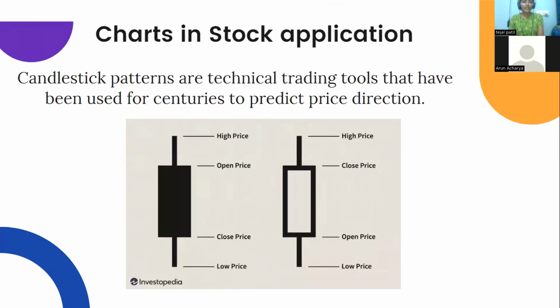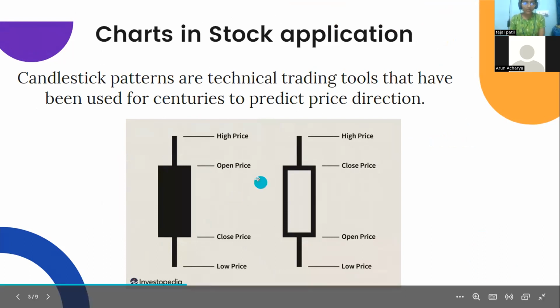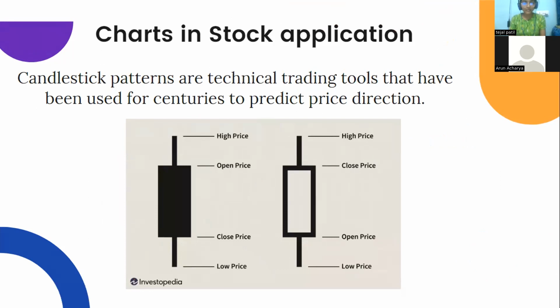So this is a candlestick pattern. This is the most used chart in a stock application, and it was invented in Japan. You will see this is the first image of a stock candlestick pattern. In the first image, you can see it represents the high price, open price, close price, and low price of stock data.